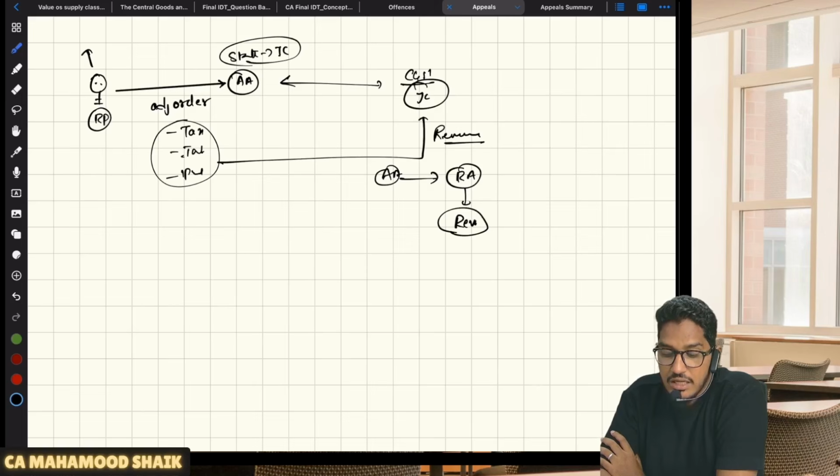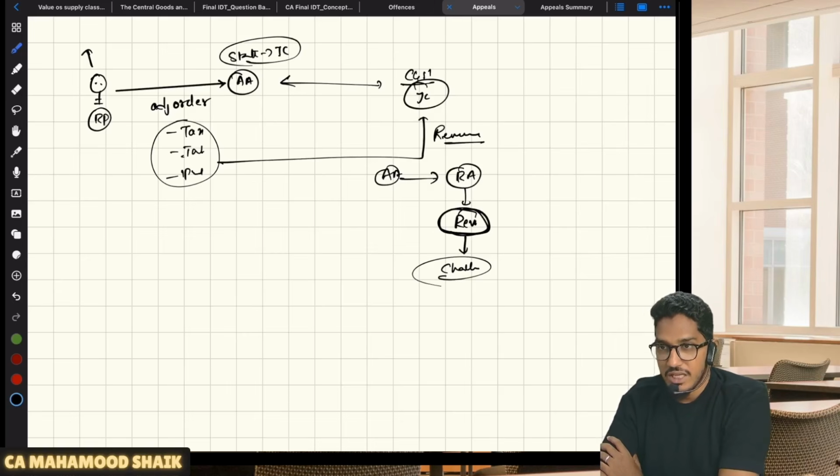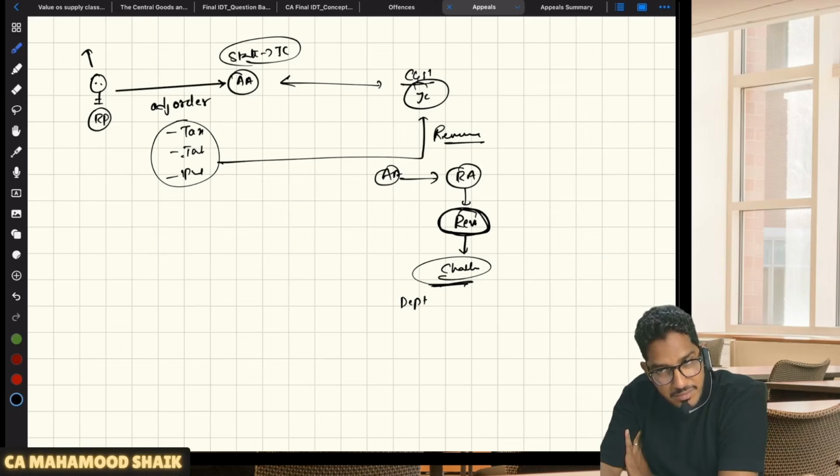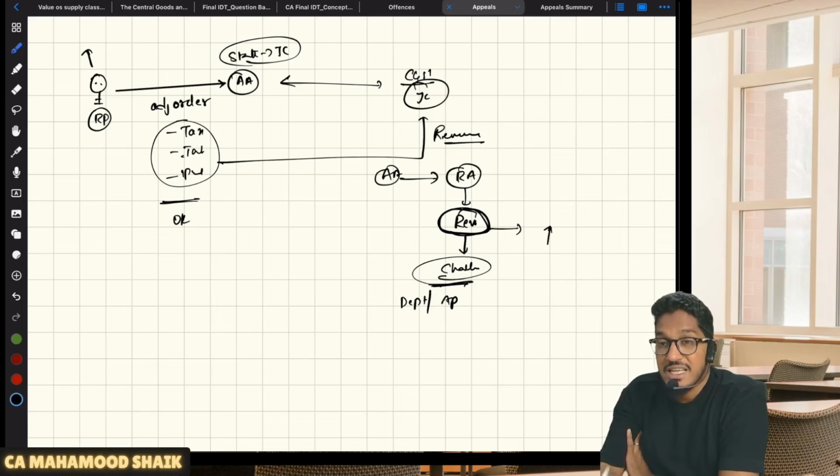Now this revisional order also can be challenged. The adjudicating order has been taken up for revision, and the revisional authority gives a new order. With this new order, either the department might be affected or the aggrieved person might not accept it. Maybe when compared with the original order, in the revision order the interest, tax and penalty were increased.